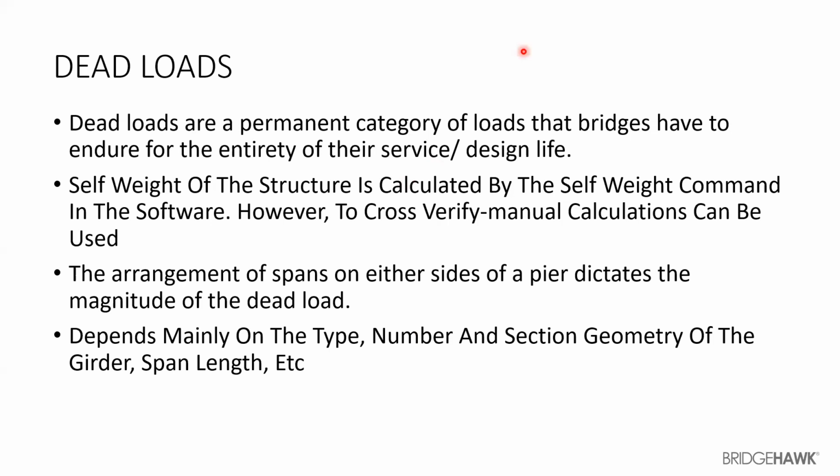But if you are going for a manual calculation, you have to be ready with the dead load values on your own, and you have to create a certain Excel sheet which will give you the exact value.